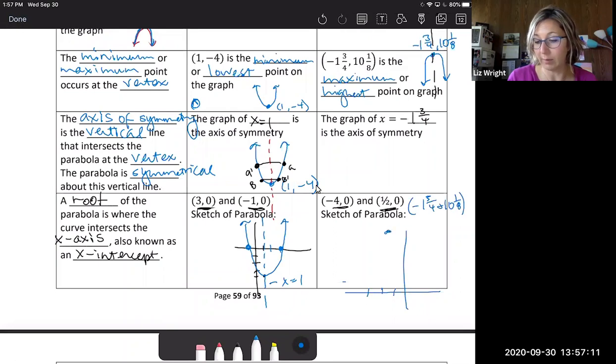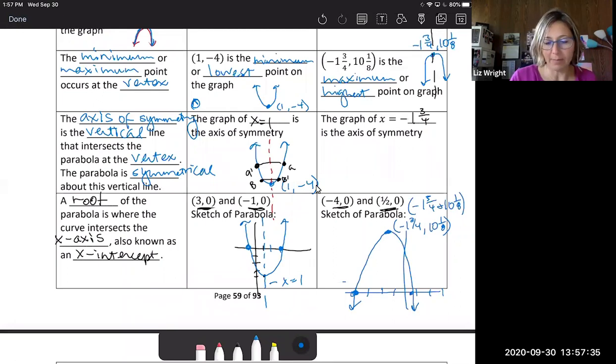And I'm just going to label that as -1 3/4 and 10 and an eighth. And then we are going to be putting the other points at -4, 0 and 1/2, 0. And so then we graph our parabolic curve like that.